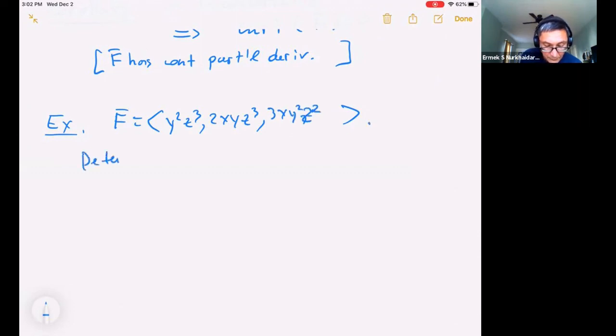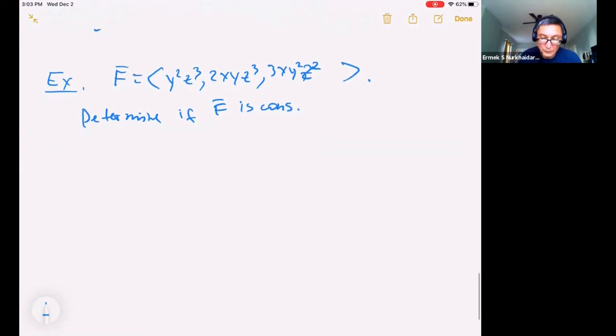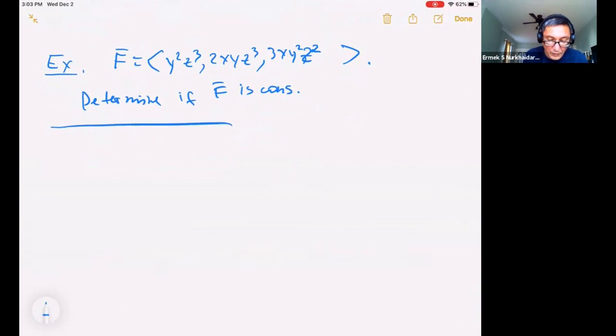Determine if F is conservative. So essentially, we're going to be calculating curl F. That's the question we're actually answering: does curl F equal 0? If it equals 0, it's conservative. If it's not, it's not conservative. Okay.